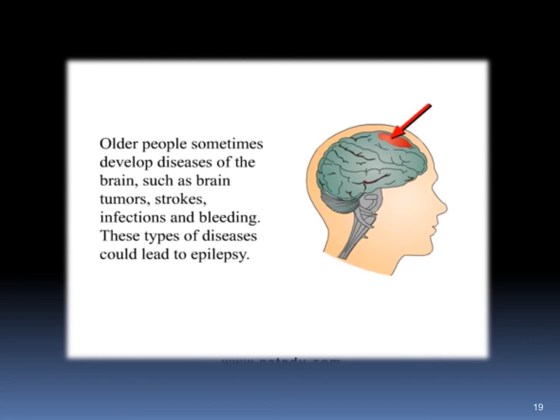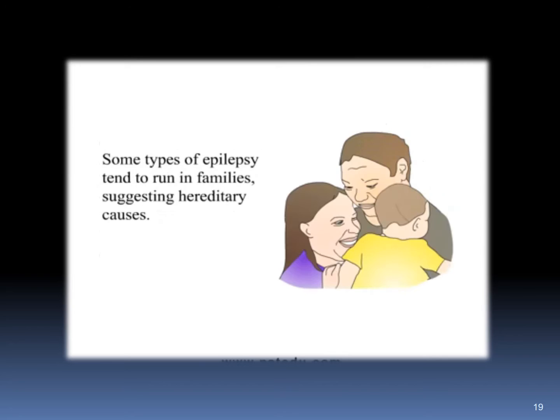Older people sometimes develop diseases of the brain, such as brain tumors, strokes, infections, and bleeding. These types of diseases could lead to epilepsy. Some types of epilepsy tend to run in families, suggesting hereditary causes.